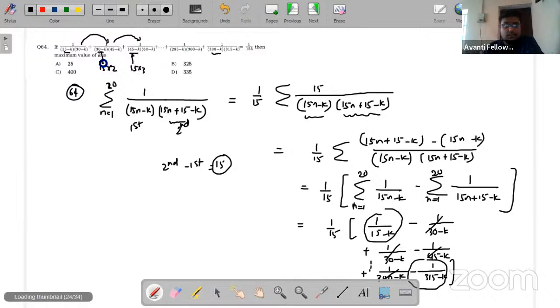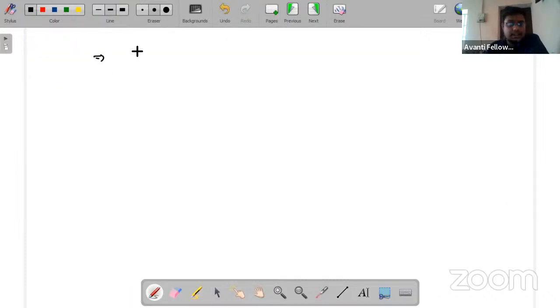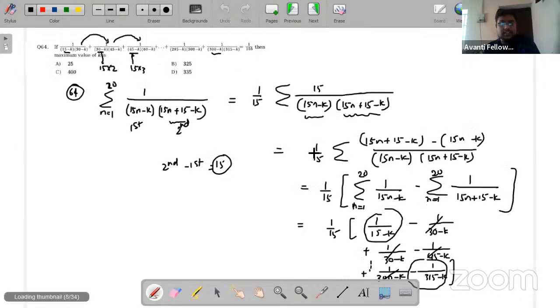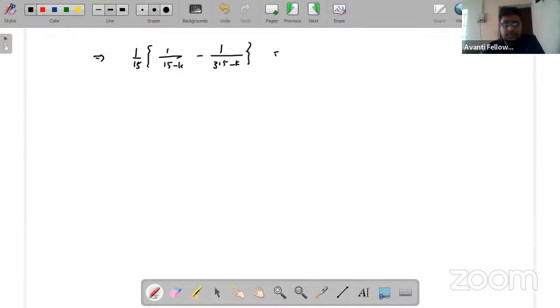So what we can write now, 1 by 15 times 1 upon 15 minus k minus 1 upon 315 minus k. This is equal to 1 upon 155. So 15 I can cancel out from 155: 5 31s are 155 and 5 3s are 15. Now I can take LCM. So 1 by 3, I can cross multiply.